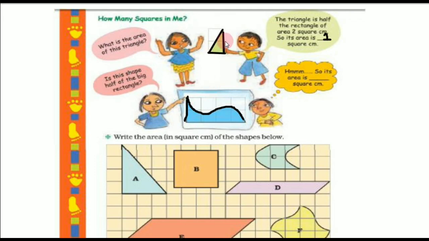Here the area of the rectangle is 2 square centimeter, and the triangle is half the rectangle. That means the area of the triangle is half the rectangle. So 2 divided by 2 is equal to 1. So 1 square centimeter.